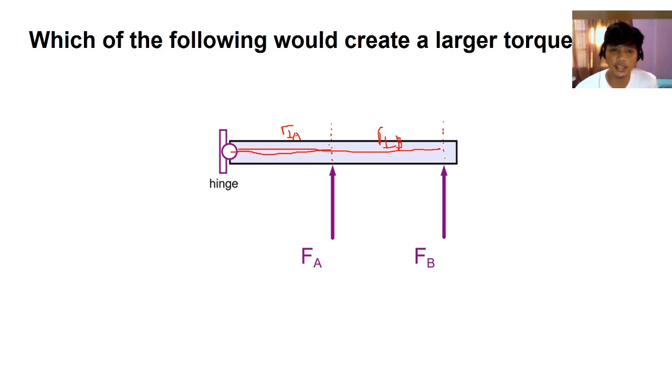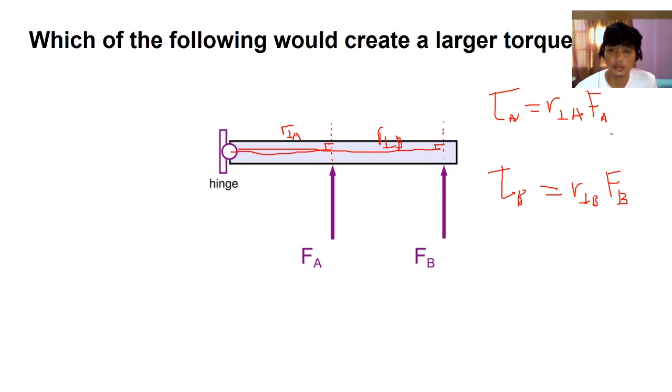Now let's calculate the torque. The torque of A is R perpendicular A times FA. This is the moment arm times the force. Torque B is R perpendicular B times FB. Now, what is the difference between the two torques?